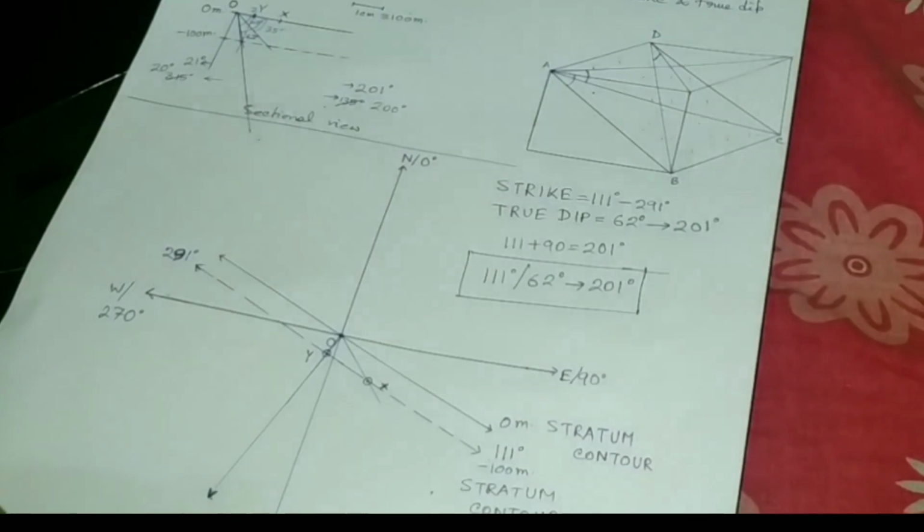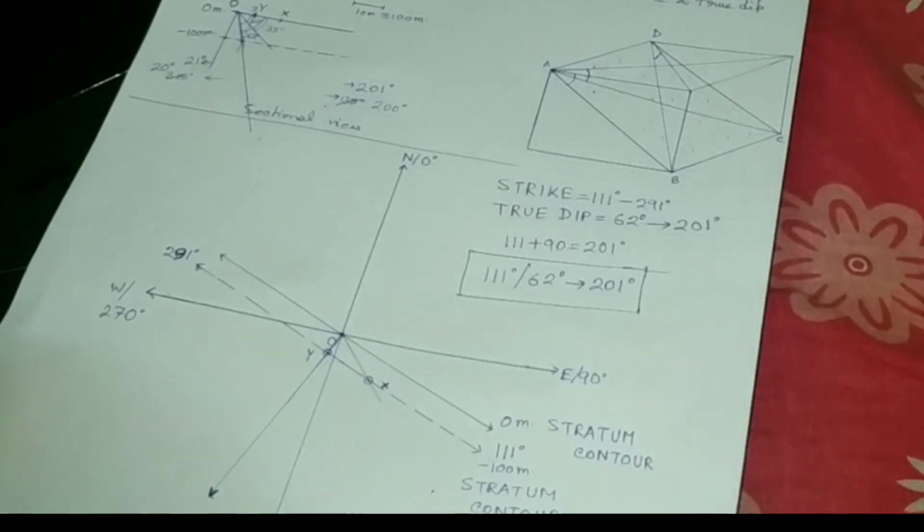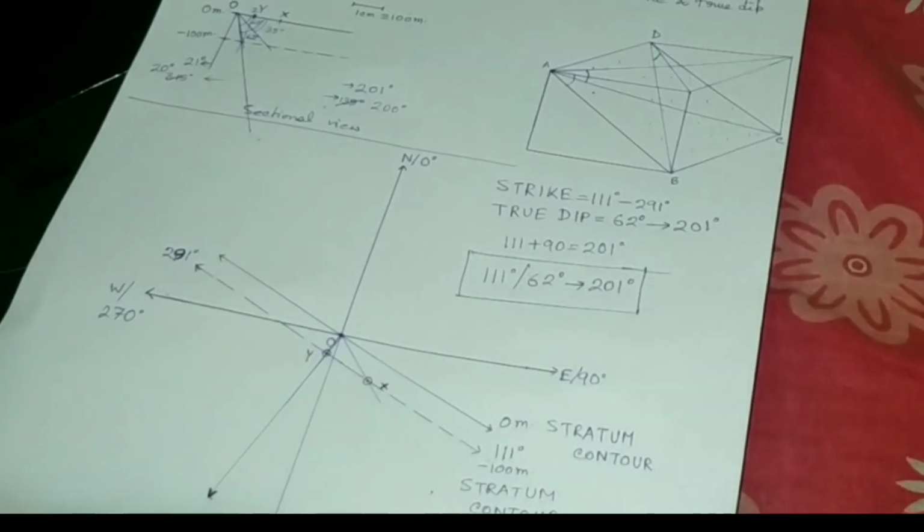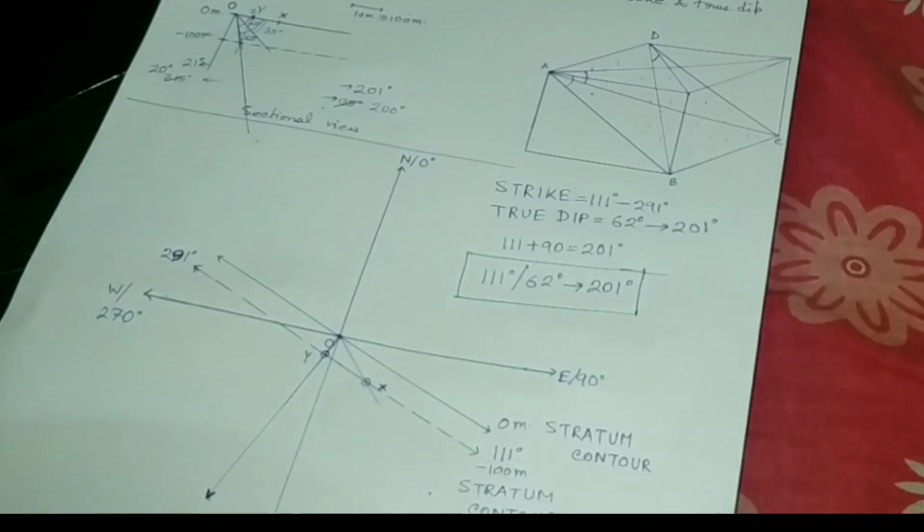And with that, one important piece of information: in the field, sometimes for gently dipping beds we get confused about which one is the actual true dip direction. Though there are ways. Suppose you pour some water on an inclined plane, it will follow the true dip direction. So by that way you can, but suppose you don't have water at that time, then what will you do?